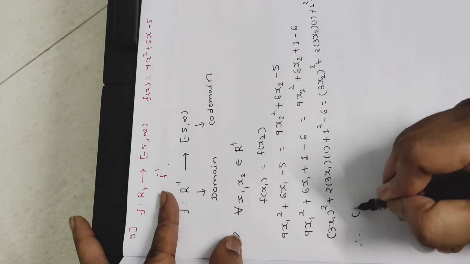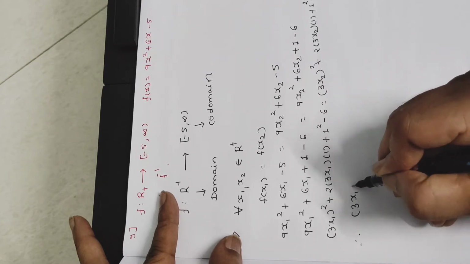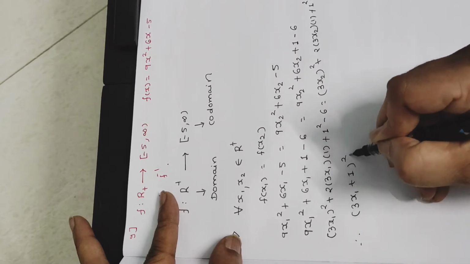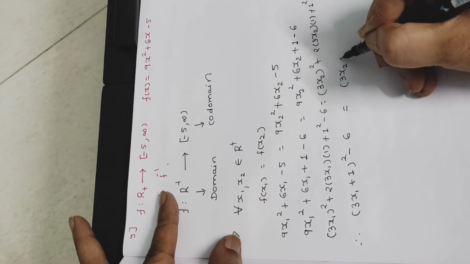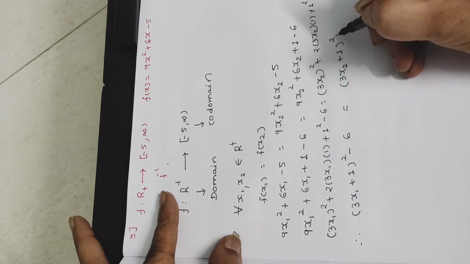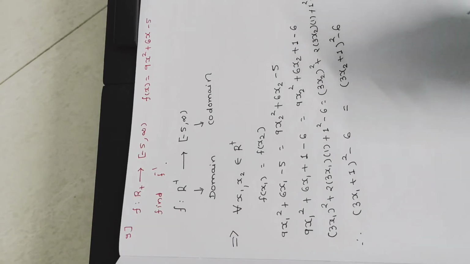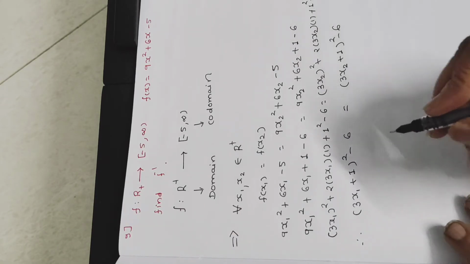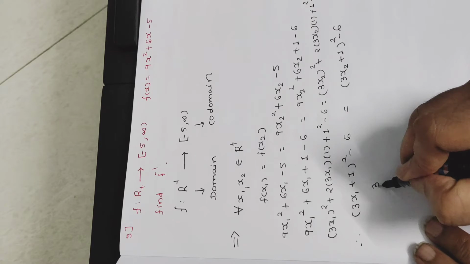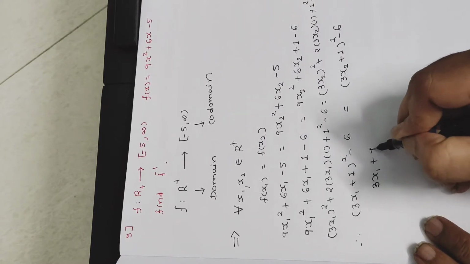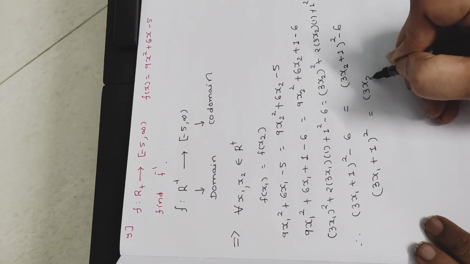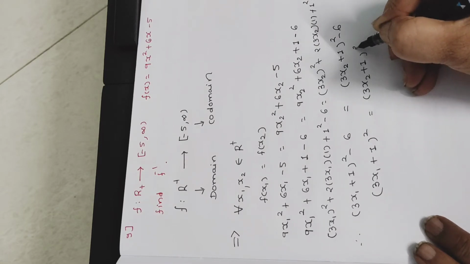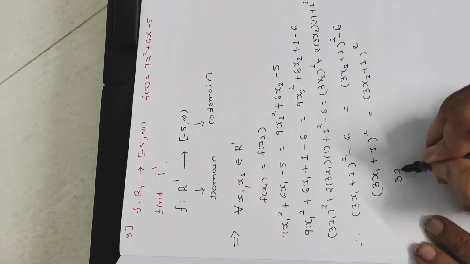So this is 3x1 plus 1 whole square minus 6 is equal to 3x2 plus 1 whole square minus 6. So 3x1 plus 1 whole square is equal to 3x2 plus 1 whole square.